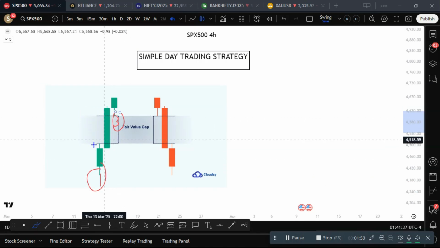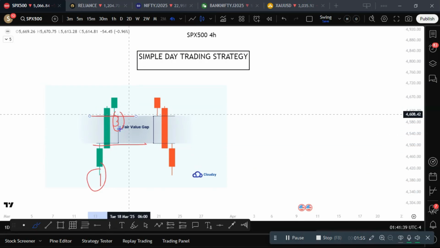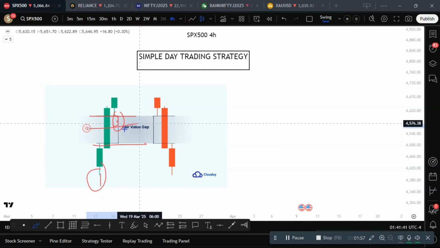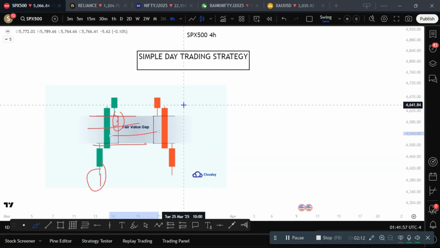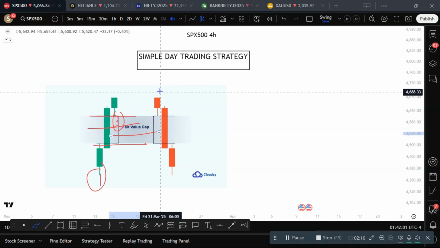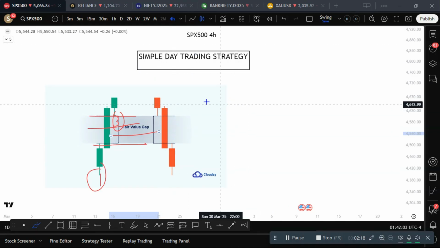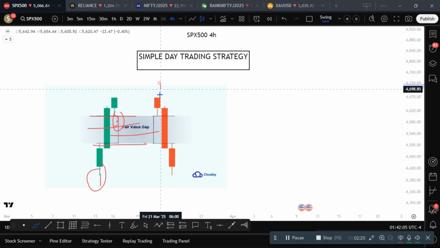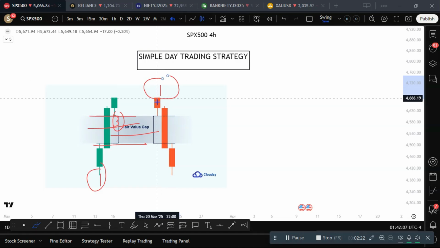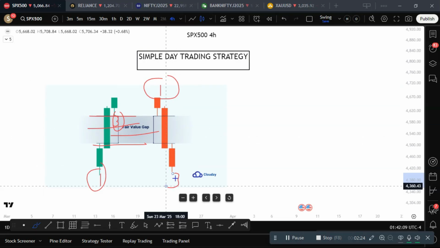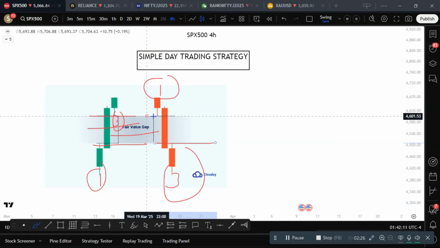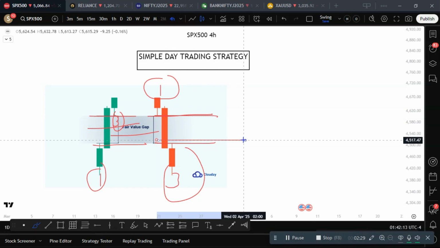So when you see the gap between the 1 and 3 candle, it is a fair value gap. Most of you already know what a fair value gap is, but some people don't know, so I am explaining. Candle number 1, candle number 2, candle number 3. So here you can see we have the gap. We call it imbalance, we call it fair value gap, FVG. Same thing, just different names.